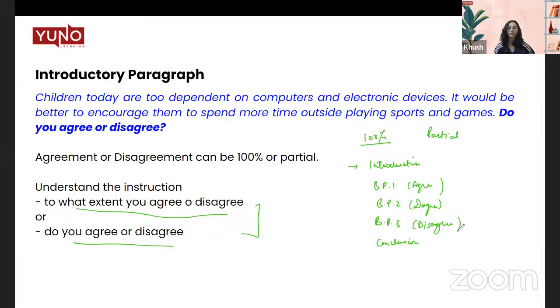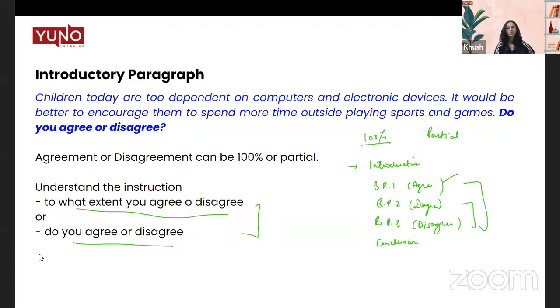So these are the two structures that we can follow, depending on 100% agreement or partial agreement. Whenever you're saying that you agree, then the entire essay will be about agreement. But if you have a partial agreement, the first paragraph is going to be the opposite view, and then two paragraphs for your view. All right.